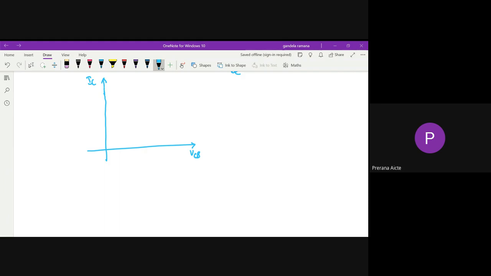Why don't we take current here and voltage there? The current on the y-axis is the dependent term, and VCB on the x-axis is the independent term. Generally, in the equation y is equal to mx, y depends upon x. That's why it is taken like this.